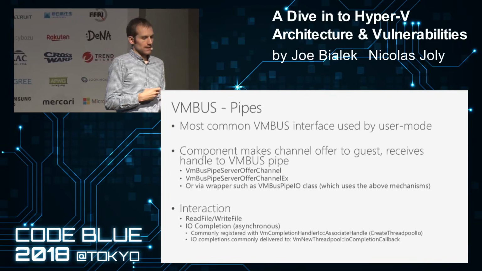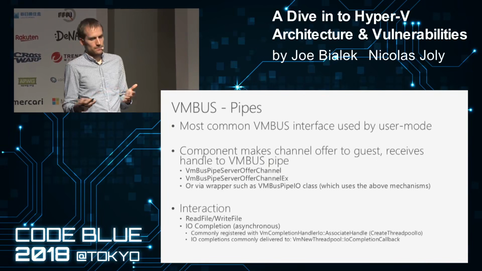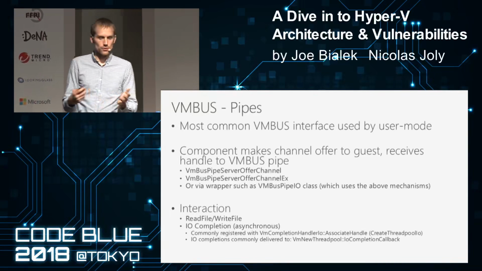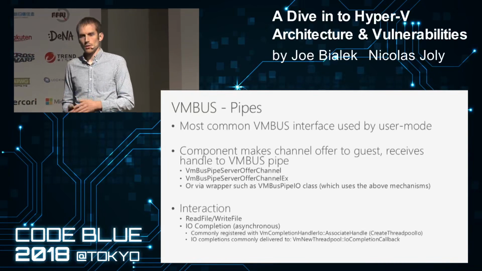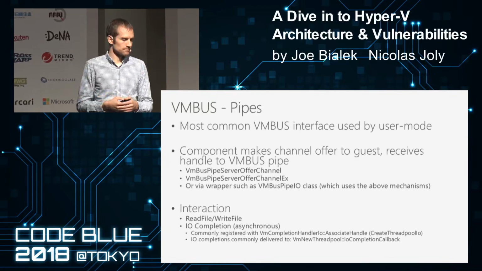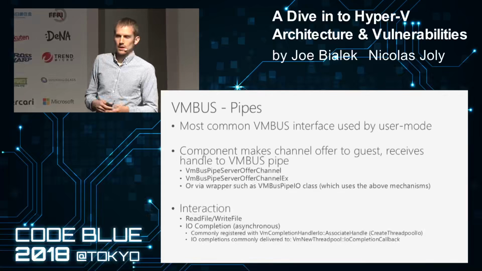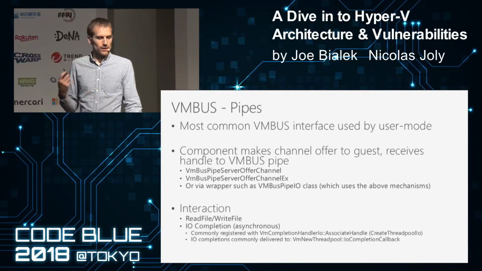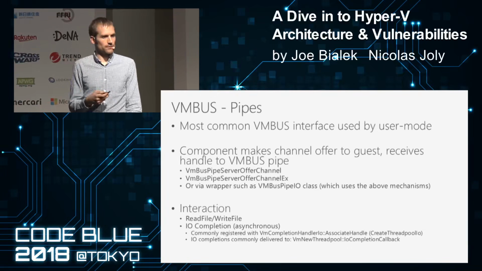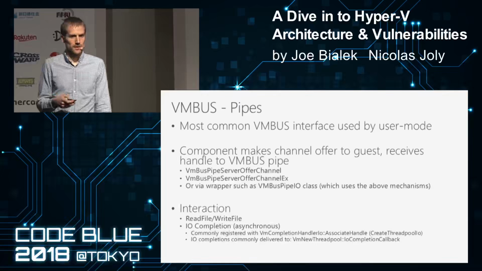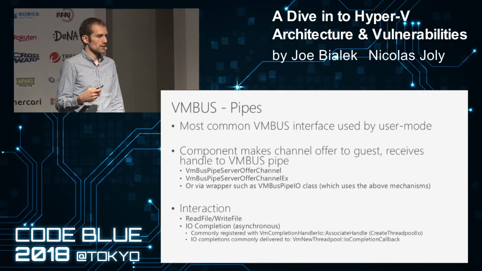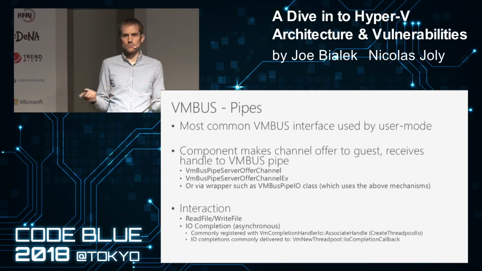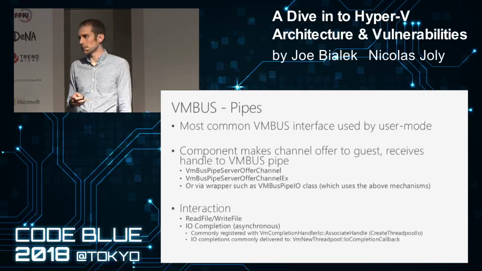So the way that you start using a VM bus pipe is the component, the virtual device or integration component, will once again make a channel offer, but the channel offer will give it a handle to this VM bus pipe. And it then interacts with it using ReadFile and WriteFile, just like you would with a normal named pipe. Or you can do asynchronous I/O if you want, using I/O completion, once again, just like you would using normal named pipes on Windows.